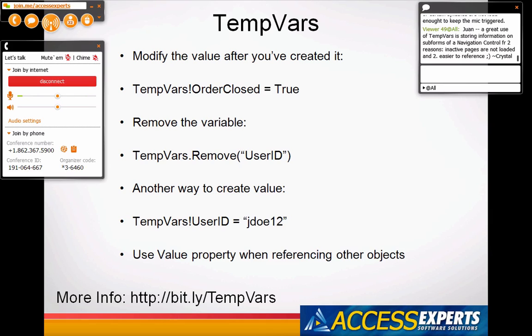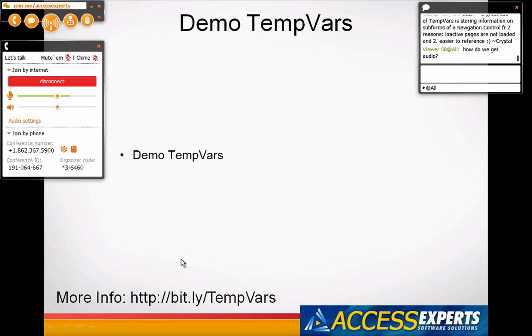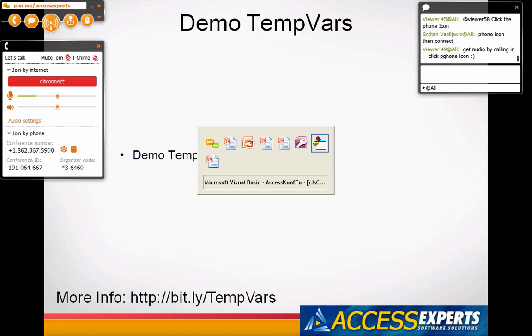And then to remove the variable, you use the remove method of TempVars. And another way to create the value is using the TempVar as a user ID, bang user ID. And I'll show you examples of all this in a minute. And of course, you want to use the value property when assigning it from a field. So let me go ahead and demo the TempVars concept to you guys here.